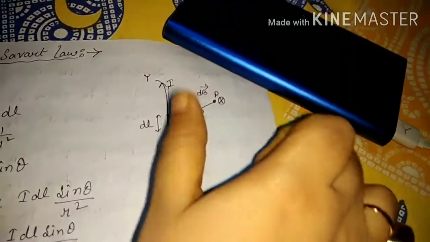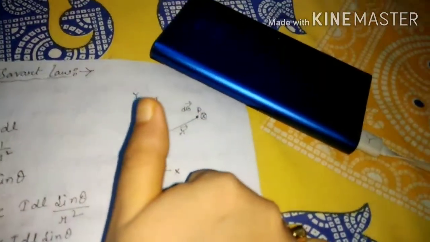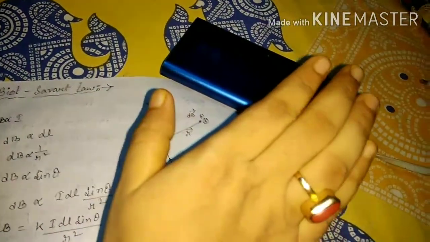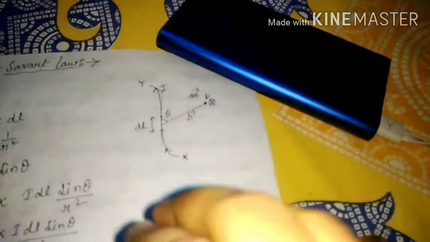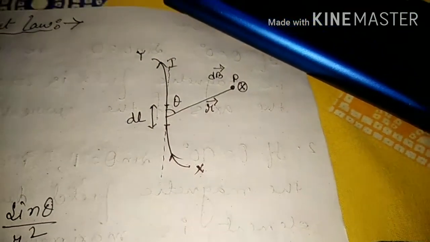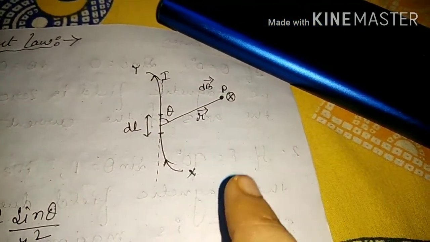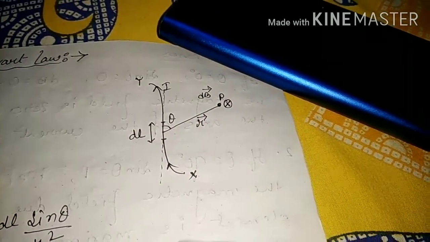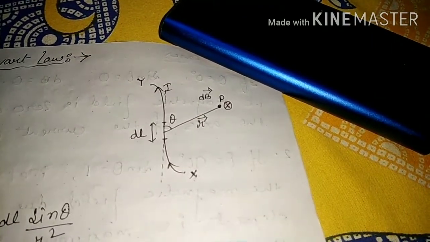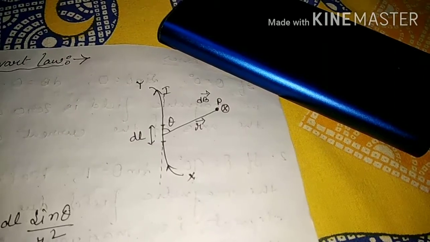Here the current flows from X to Y, so if we place the thumb this way and move our four fingers this way, the field is directed into the plane of the paper. A direction into the plane of the paper is denoted by a cross. So at point P, the magnetic field created due to this dl is normally, or perpendicularly, into the plane of the paper.